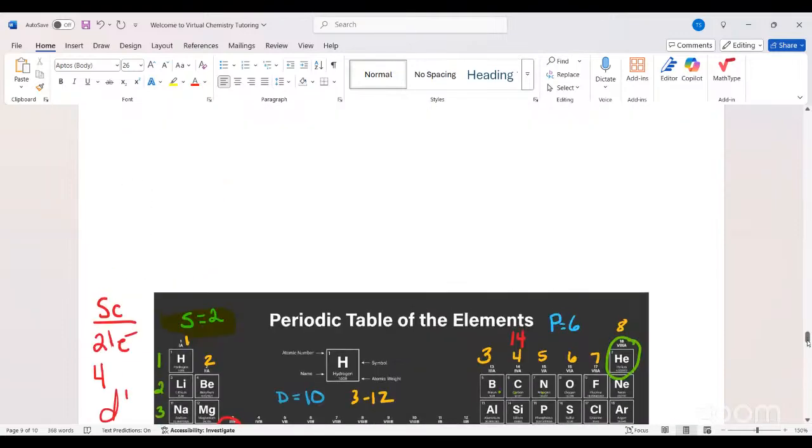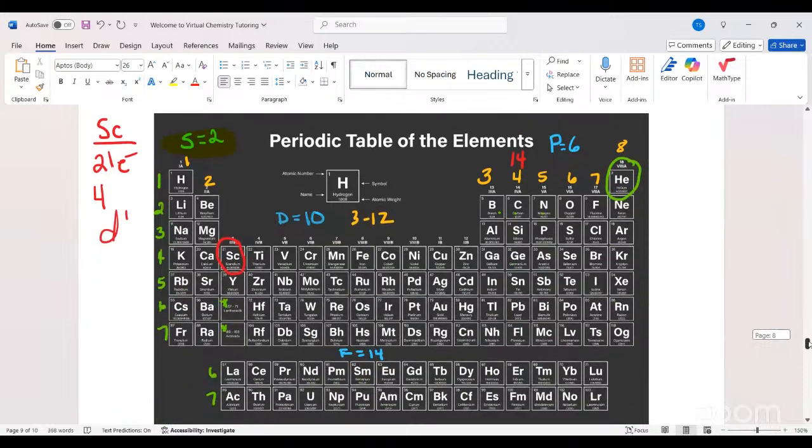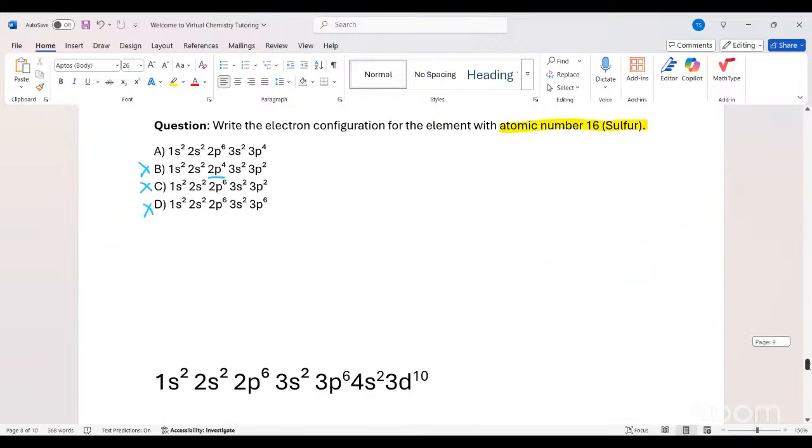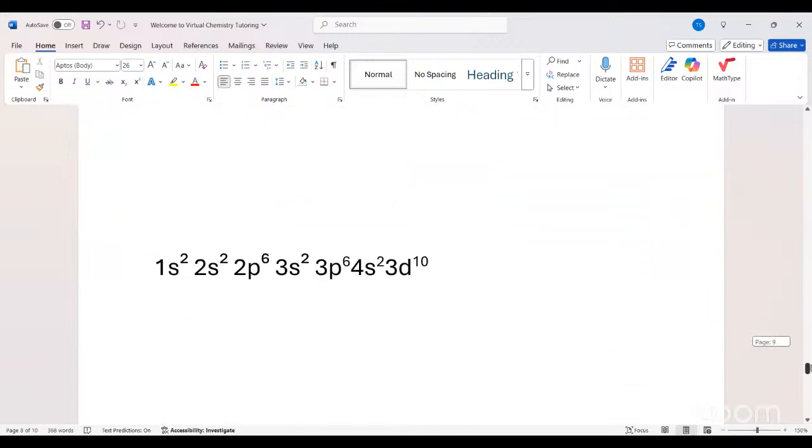If I tell you to do, let's look at nickel. Nickel is right here, okay? Number 28, it has atomic number 28. All right. Nickel has 28 electrons.